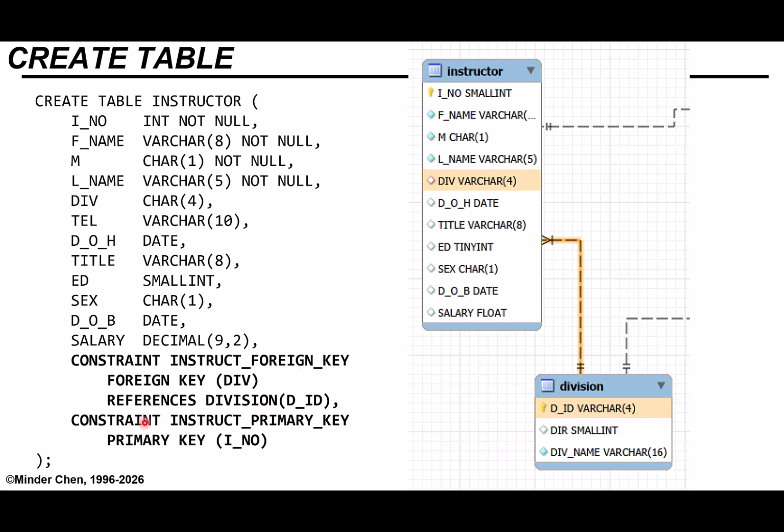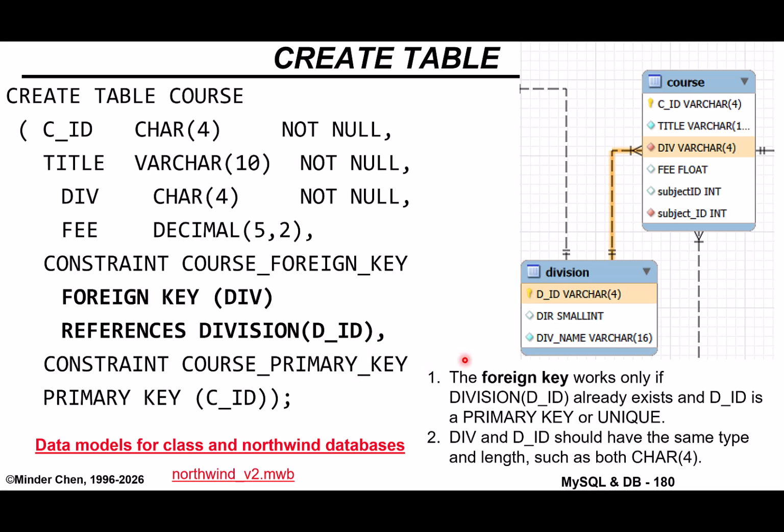Okay, and this is how we define the primary key. In the instructor table, I_number is the primary key. Okay. Same thing here. We can specify the foreign key primary key pair, and this is how we define it.